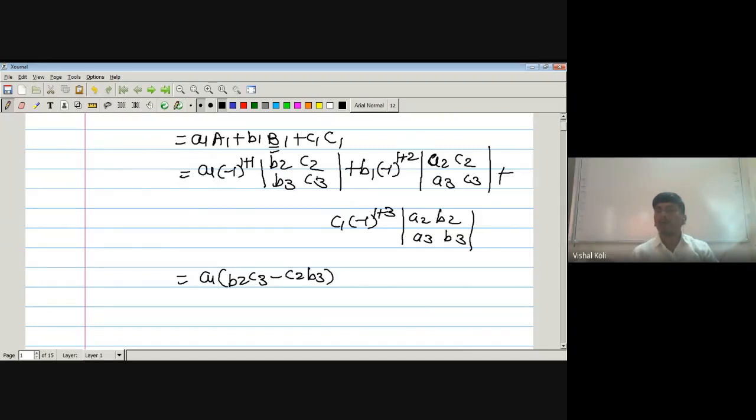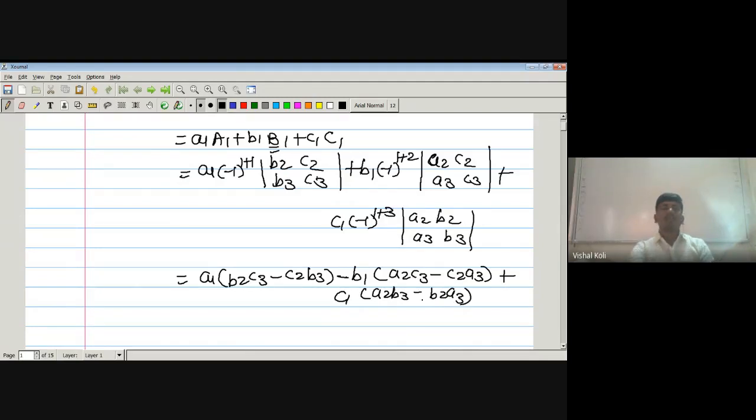Now, -1 to the power 1 plus 2, -1 to the power 3, -1 to the power any odd number is again a negative number. Therefore, this is minus b1 into a2 c3 minus c2 a3, plus -1 to the power 1 plus 3, which is 4, and which is again plus 1. So c1 into a2 b3 minus b2 a3.